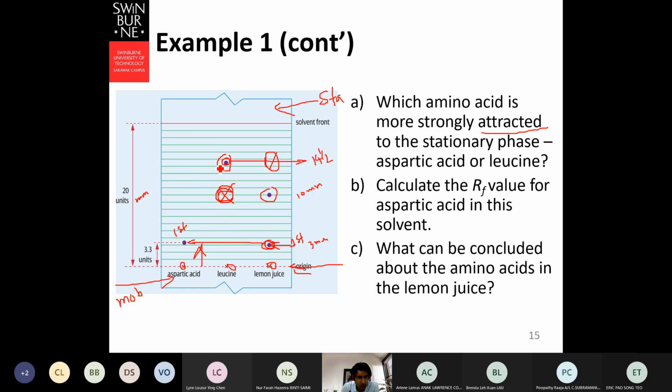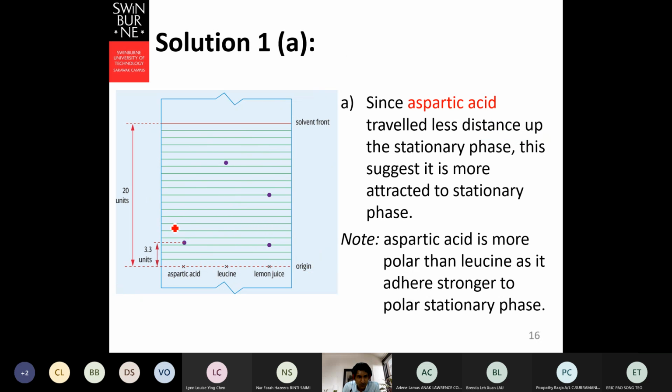There is nothing at 13 in lemon juice. We do have something at 10 millimeters, but we do not know what it is, because we do not have a standard like aspartic acid or leucine for it. So we can confidently say that in our lemon juice we have aspartic acid, but we do not have leucine.